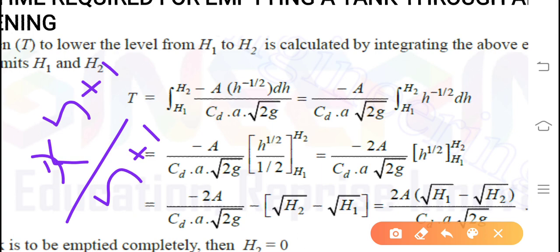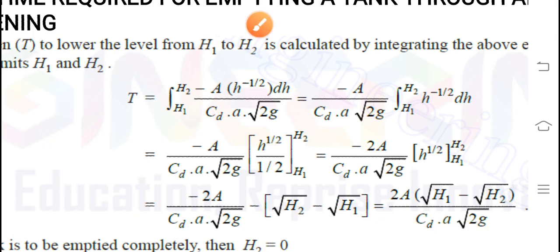Therefore this 2 will come to the numerator: minus 2A divided by Cd a root 2g, h to the power of half, h1 to h2. In order to get the plus sign, instead of h1 minus h2 we write under the root h2 minus h1. Therefore it gives the equation 2A multiplied by root h1 minus root h2, divided by Cd a root 2g.